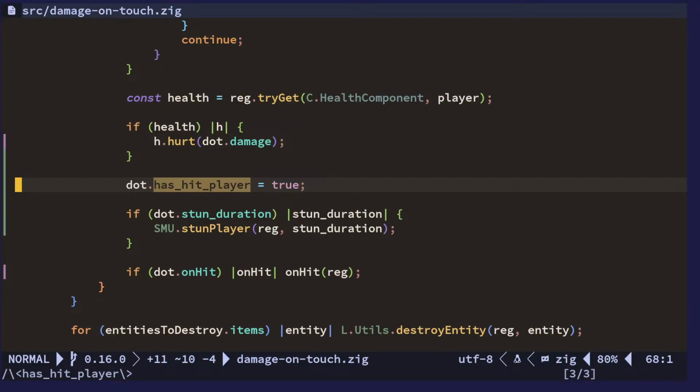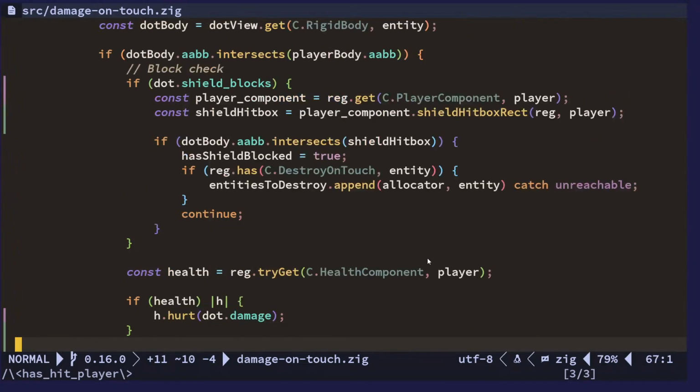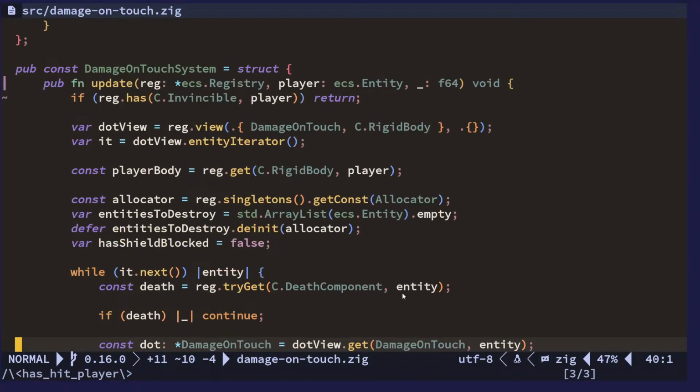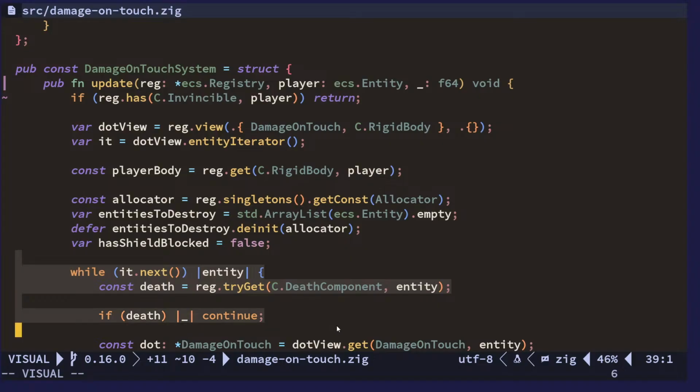So really what we should look for is if the player is already hurt or invincible. I'm pretty sure, because we don't actually check that. Oh, we do actually check that. Oh, because it could happen here, maybe.